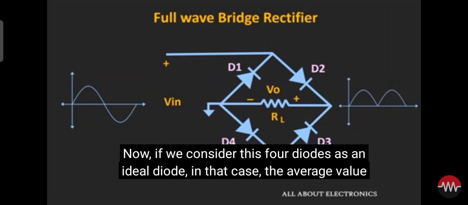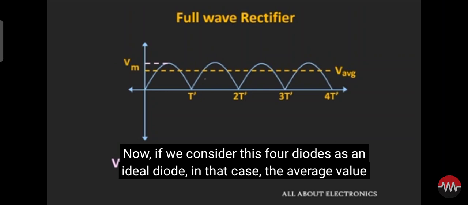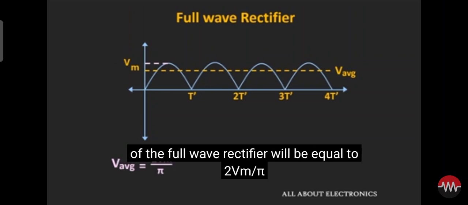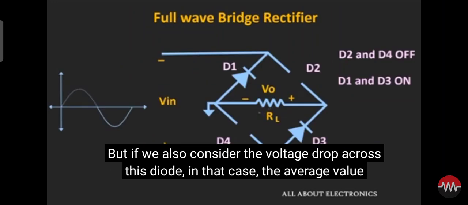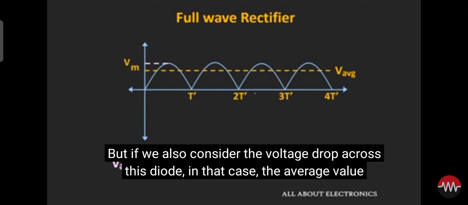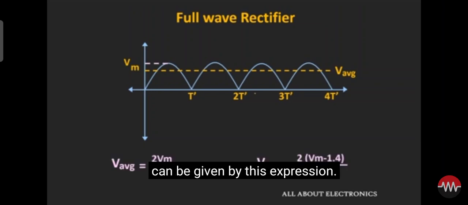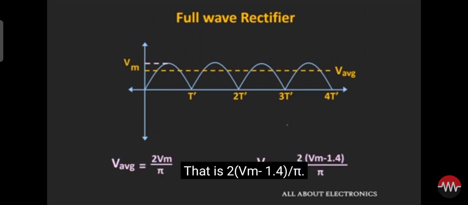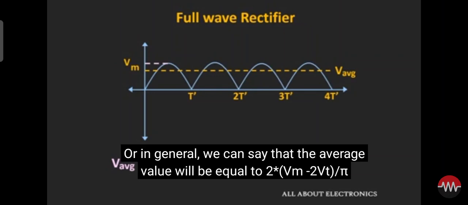Now, if we consider these 4 diodes as ideal diodes, then the average value of the full wave rectifier will be equal to 2 Vm divided by pi. But if we also consider the voltage drop across the diodes, then the average value can be given by this expression, that is 2 times Vm minus 1.4 divided by pi.